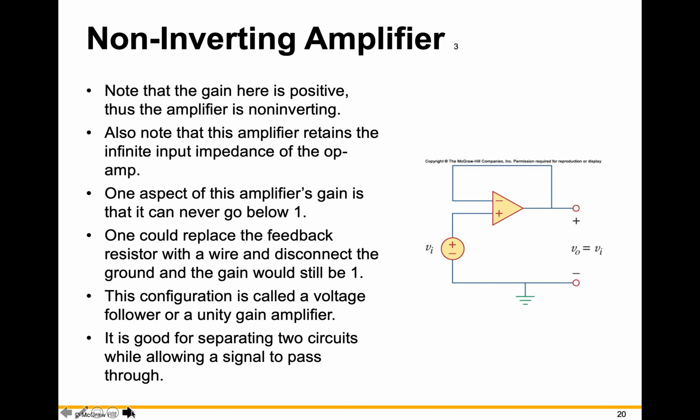Okay, so here is the example of what happens if you want to make a non-inverting amplifier with a gain of 1. You basically short out all of your resistors. So your feedback line is just fed directly back into the inverting input. Feedback resistor goes to 0. Your other resistor R1 is also not there.